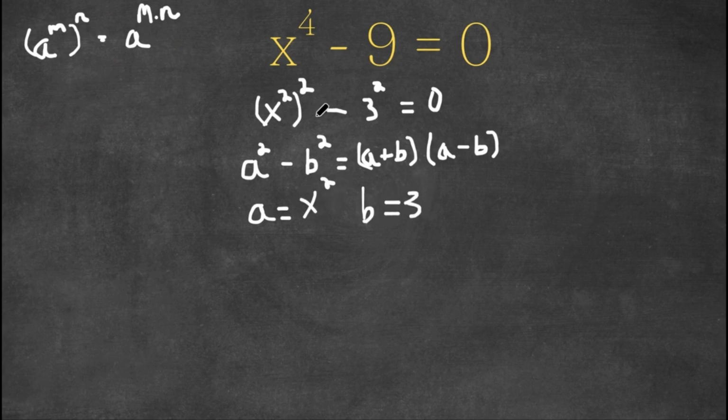So we have x squared to the power of 2 minus 3 squared, and this is also equal to a squared minus b squared. So all we have to do is plug in a and b into our expression here, a plus b times a minus b. So a is x squared, so we have x squared plus b, which is 3, times x squared minus 3.